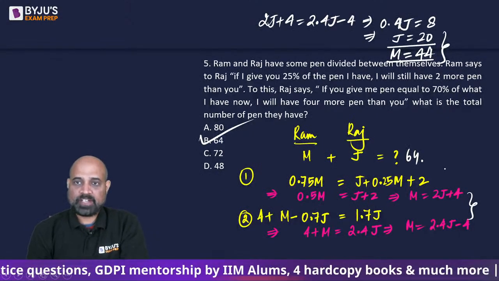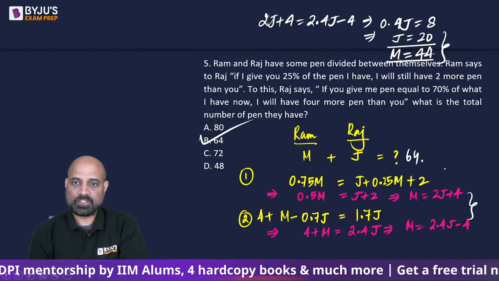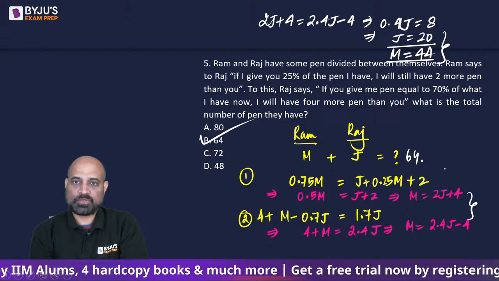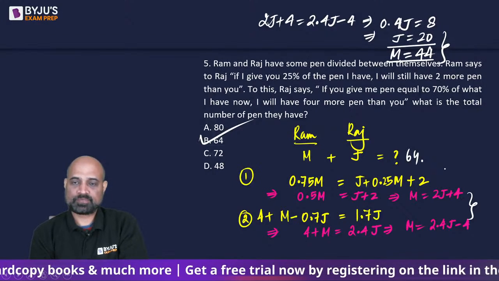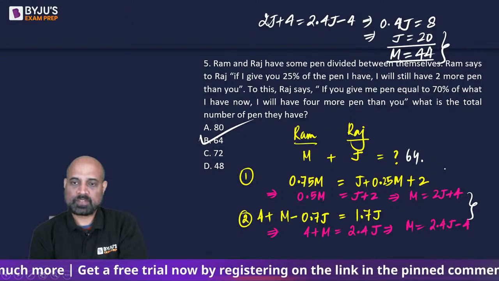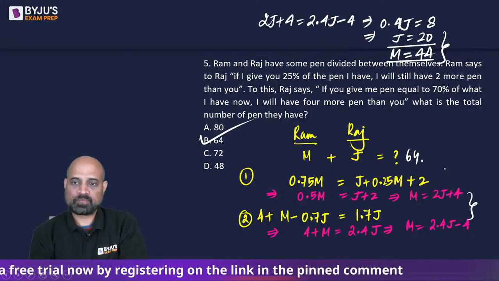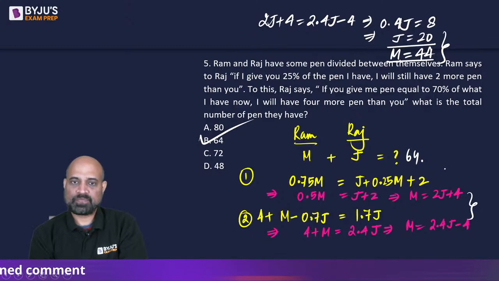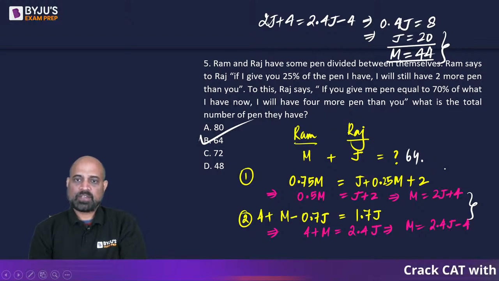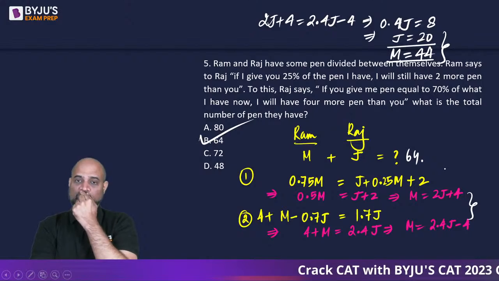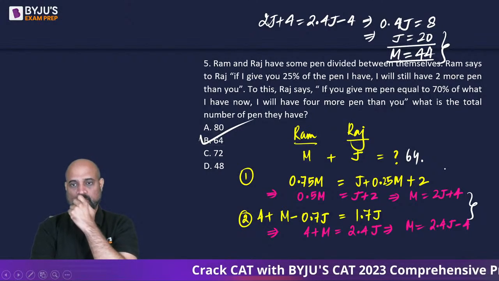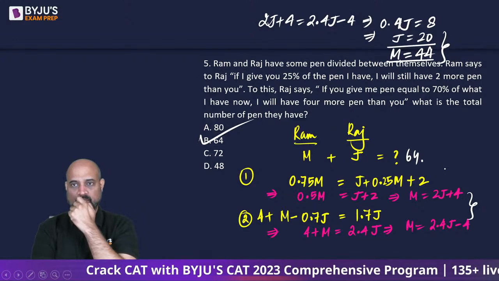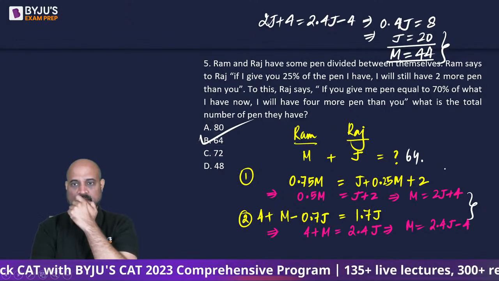Let's see if we have made any mistake here. 2J plus 4. 0.4 J is equal to 8, J is equal to 20.